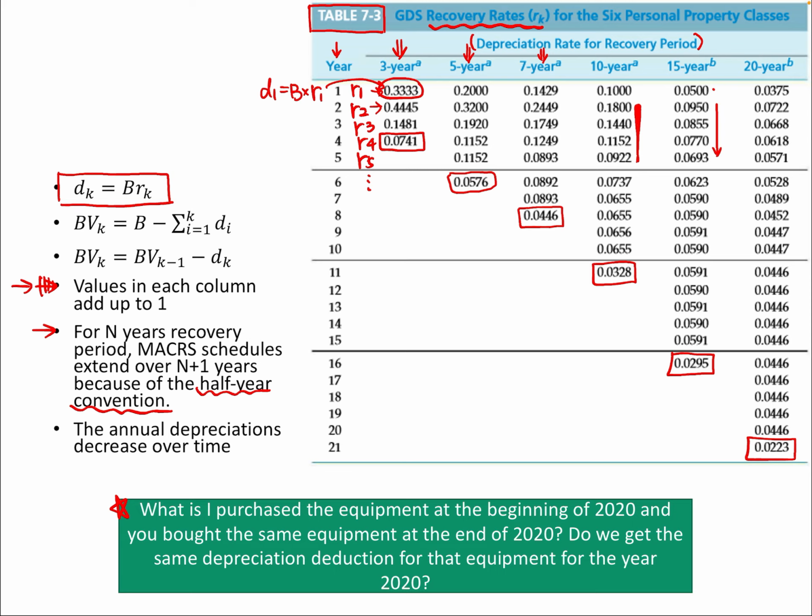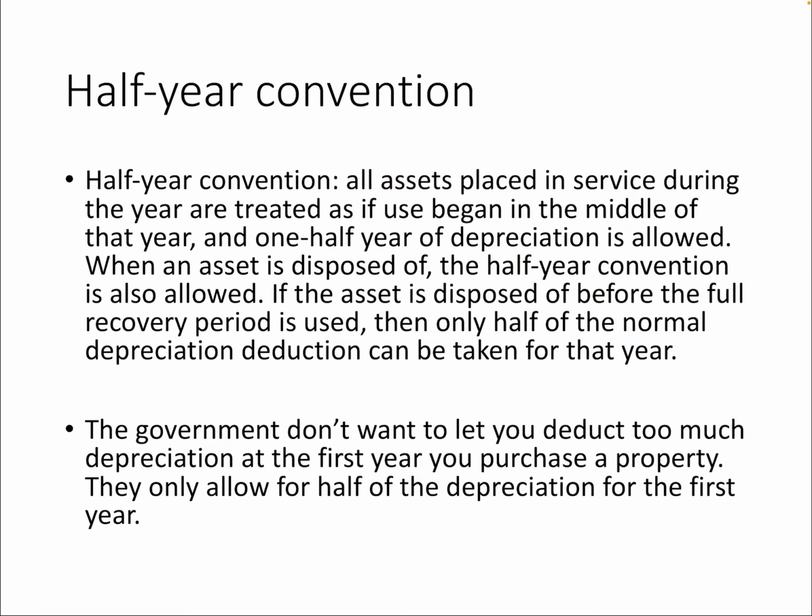But in order to have the special case covered, the IRS requires that for the first year, everybody will just depreciate half year value of that asset. So that's why R1s are smaller than R2s, and that's why we have an additional row for each column.